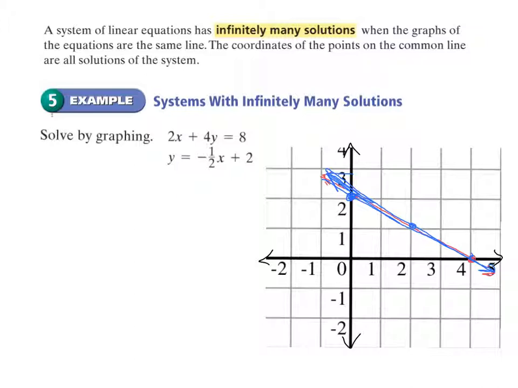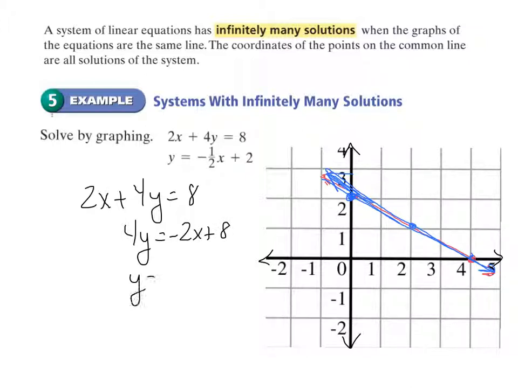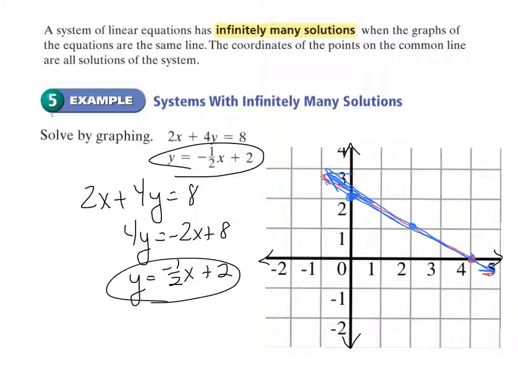Now, let's say you're doing this. You're like, Mr. Humphreys, I want to solve my equation for y. And you wanted to subtract 2x. And you wanted to divide everything by 4. Negative 2/4 is negative 1/2 x plus 2. Well, guess what?